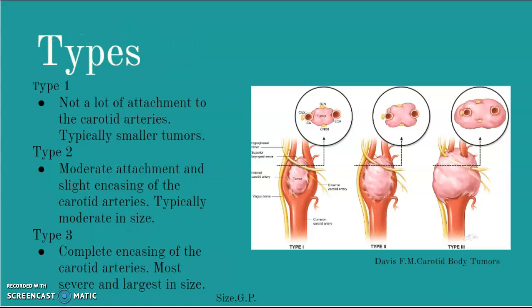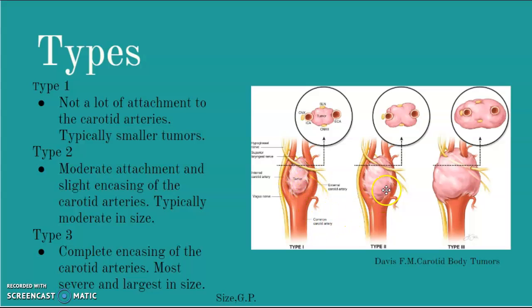Alright, so these are the types of carotid body tumors, and as we can see here, we've got type 1 first. This tumor here is not attached to the carotid arteries, and it's typically a lot smaller.